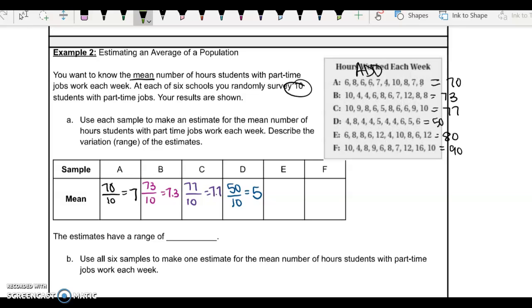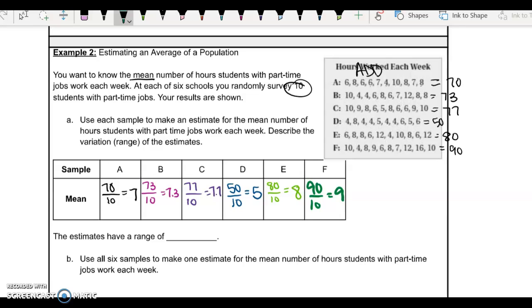E was 80, so we're going to do 80 divided by 10, and that gives us about 8 hours per week for each student. And then for school F, we have 90, so 90 divided by 10 gives us about 9 hours per week that students work.